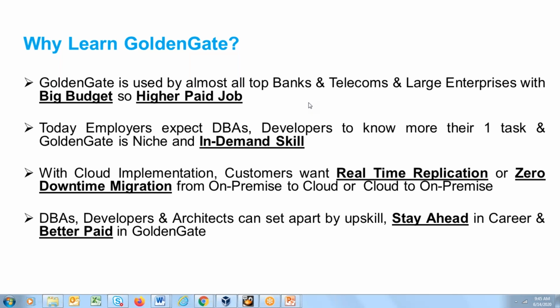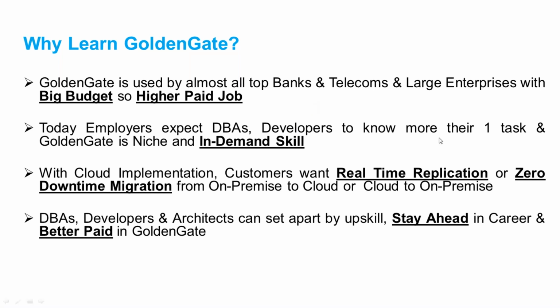But apart from that, it is being used by all other domains. Today's employers expect DBAs and developers to have more than one skill, and Golden Gate is a niche and in-demand skill. So these are the personal reasons you should be learning it.